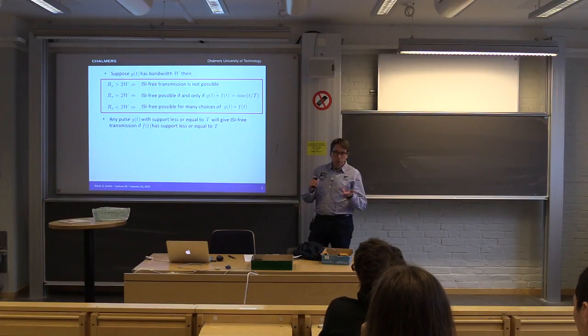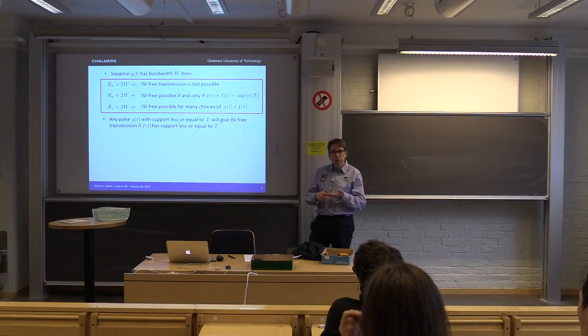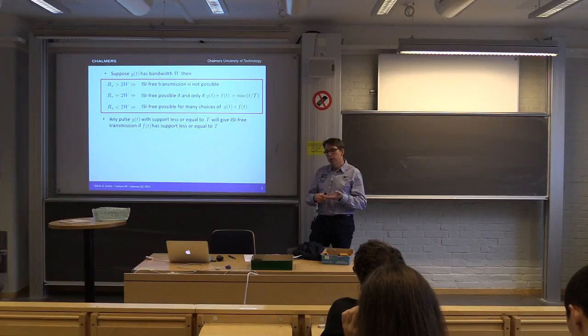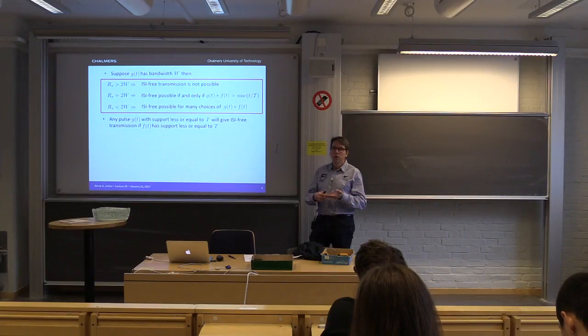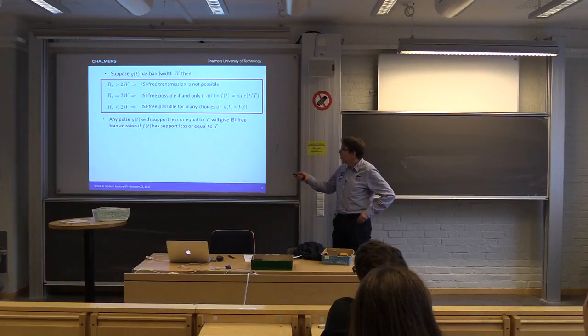We want to avoid it mainly for one reason, and that is because the receiver then becomes much more complicated. Also, from a theoretical point of view, there is no reason we cannot build a better receiver if we have intersymbol interference than without it. So there are two reasons why we want to operate in this domain.